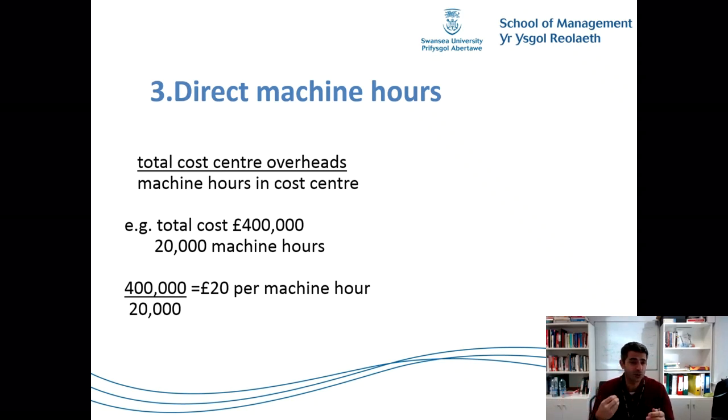We use machine hours because maybe we use more machine hours. We use labor hours because we use more labor hours. This is the only way to absorb the overhead. We absorb the overhead, including the rent and the salaries, into the units.